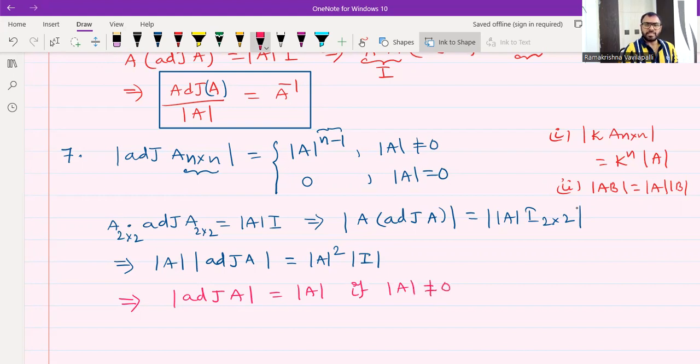So here this is 2 by 2. So that's why I have taken here this is power 1. So if we take A 3 by 3, now you see, here if you take A 3 by 3, I am writing here determinant of A 3 by 3.